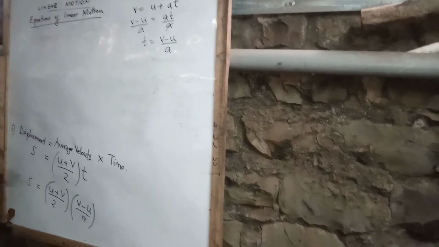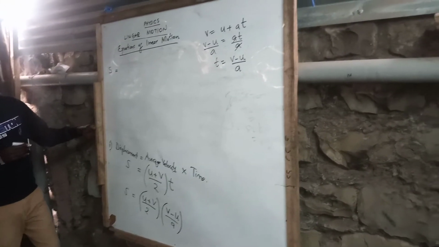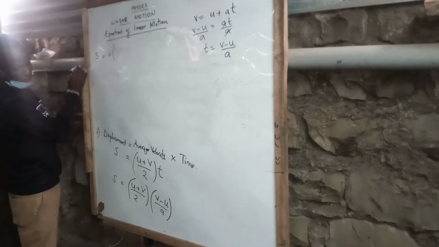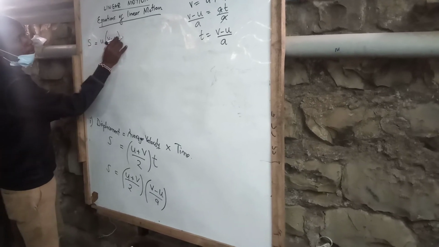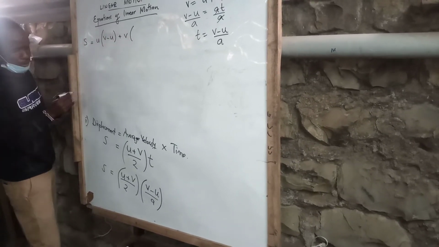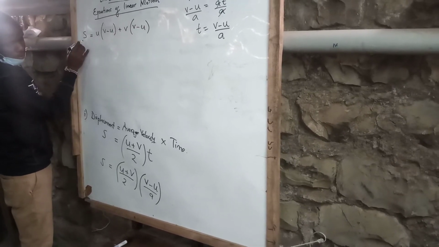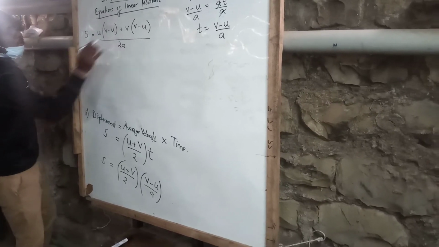So we can start by expanding the numerator. That means s will be what? u times v. Is that so? No. This is what you do: u into v minus u, plus v into v minus u, divided by 2 times a.